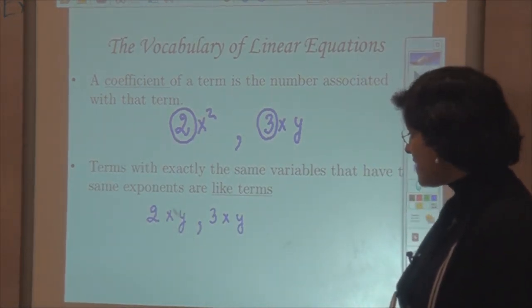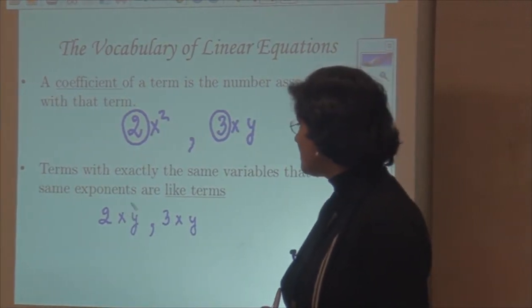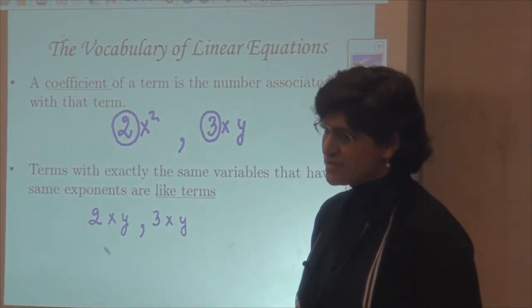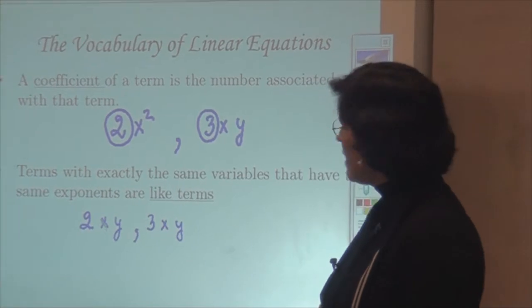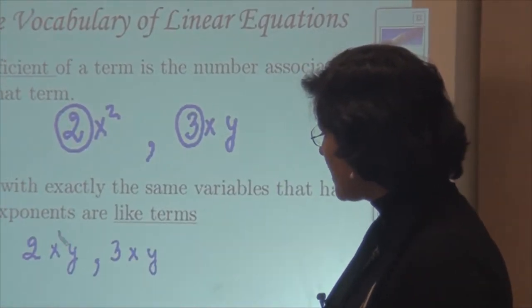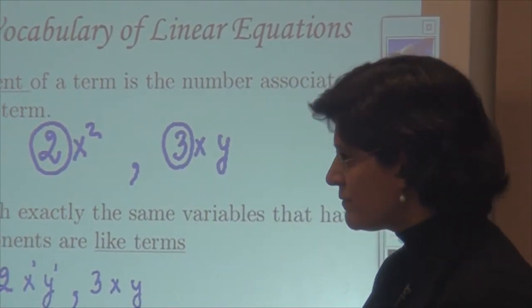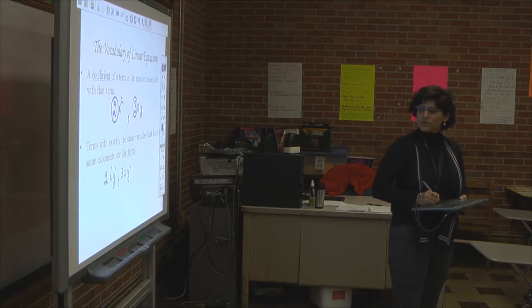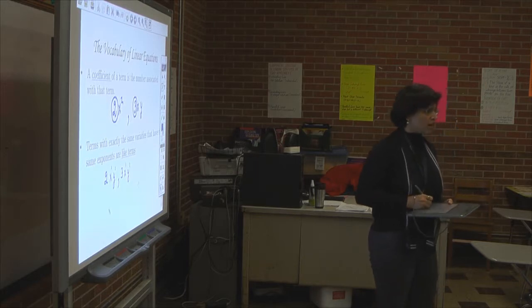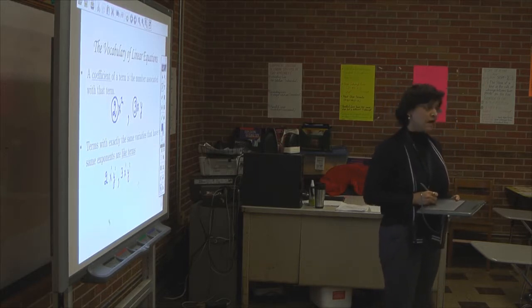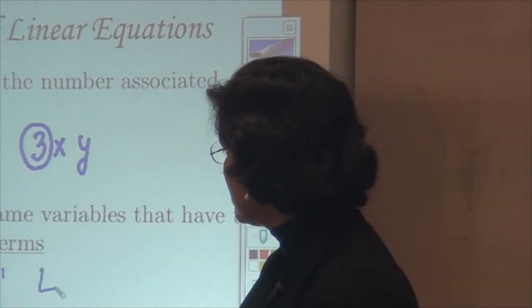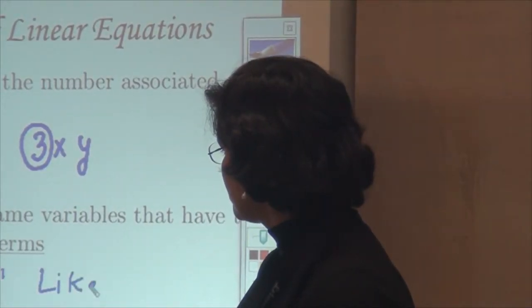Exactly, they have the same variables, and the variables also have the same exponents. My x has exponent 1, my y has exponent 1. Here x has exponent 1, y has exponent 1. That is why they are called like terms. So we'll just write next to them: like terms.